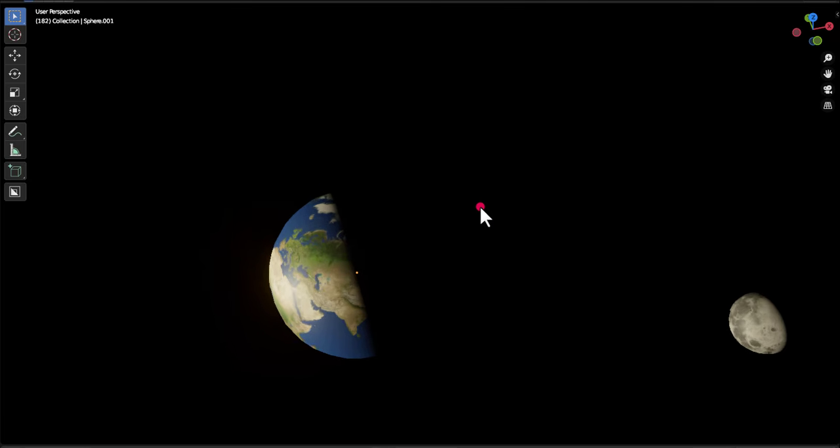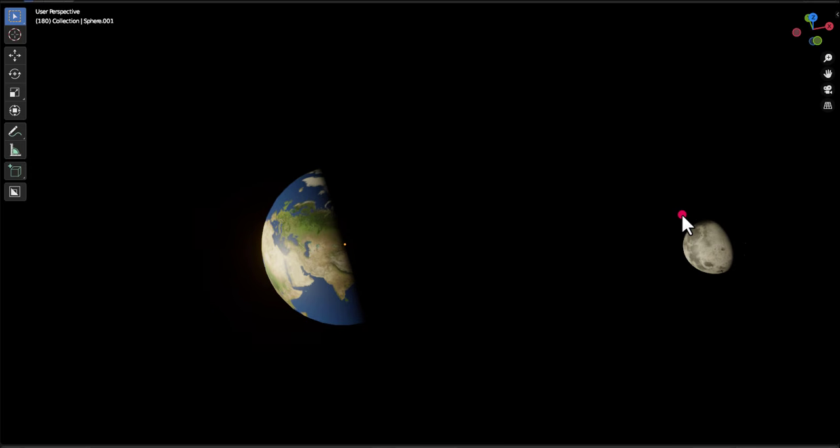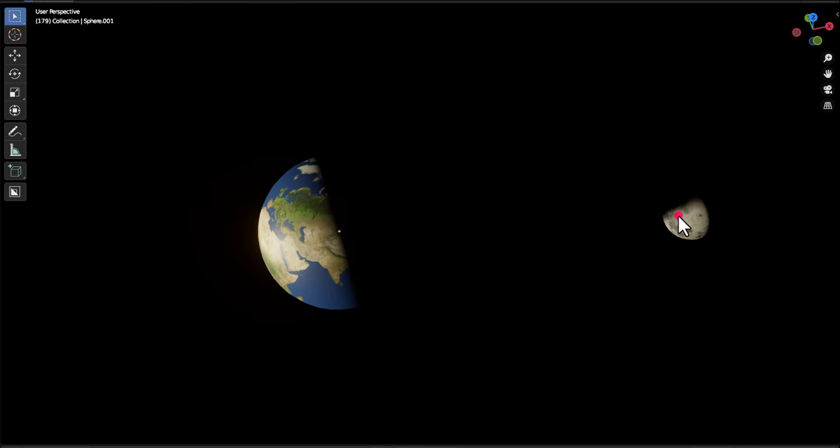In this situation, this is the shadow of the earth coming on the surface of the moon. When the moon is completely blocked by the shadow of the earth, it is called the total lunar eclipse, right? And when this crossing is happening and it's partially blocked by the shadow of the earth, then we call it the partial lunar eclipse.